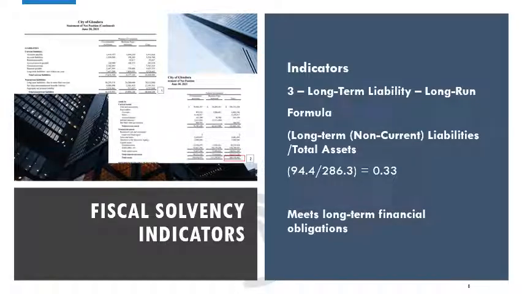In the far left-hand corner, I've identified the long-term non-current liabilities of $94.4 million divided by the total assets of $286.3 million, giving an overall indicator of 0.33. This means that anything less than 0.5, the city is in good standing. This also means that the city is able to meet its long-term financial obligations.